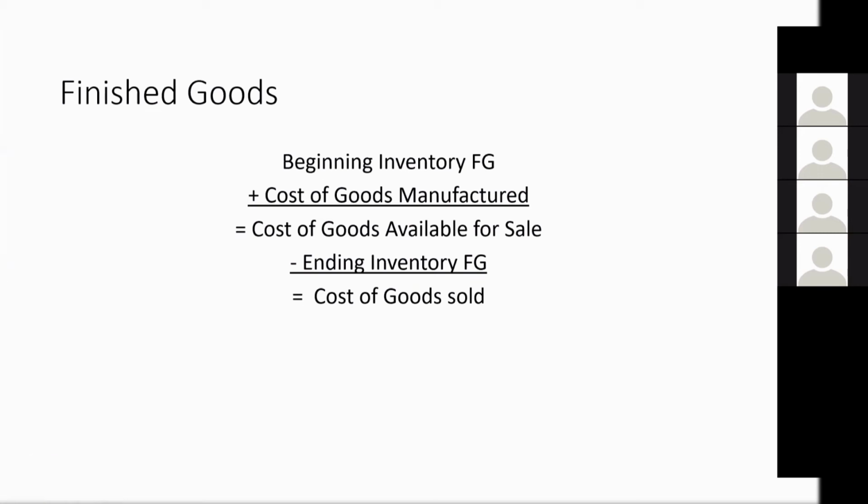Thus, the cost of goods sold is $880. The $1,040 from cost of goods available minus the $160 for ending inventory, giving us $880. The number of cakes also reconciles because we started with 3, we added 10, we subtracted 2, 11 cakes at $80 each for a total cost of goods sold of $880.